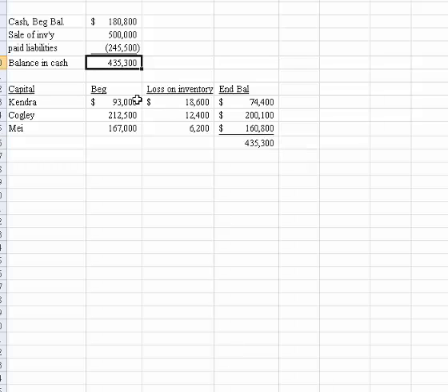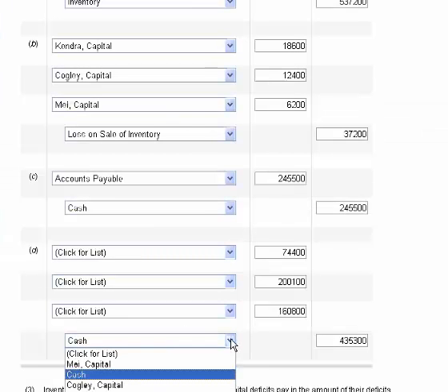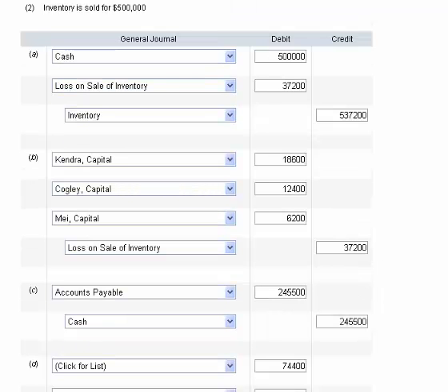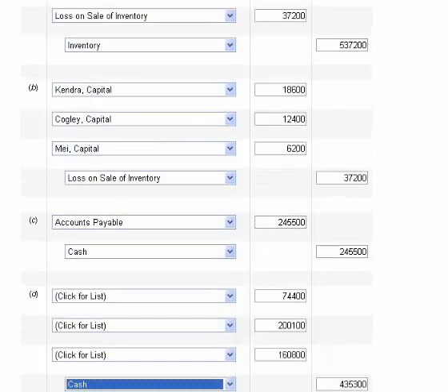It's not the other amount we showed below because we pay off the liabilities, but we had a beginning cash of 180,800, so I miscalculated that earlier. So that becomes 435, and that takes care of the second case.